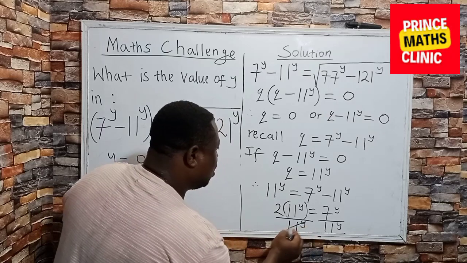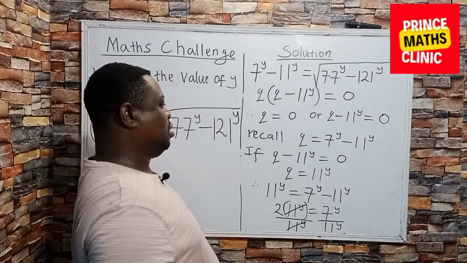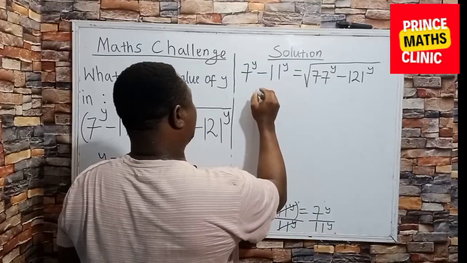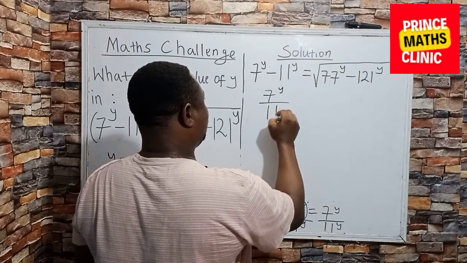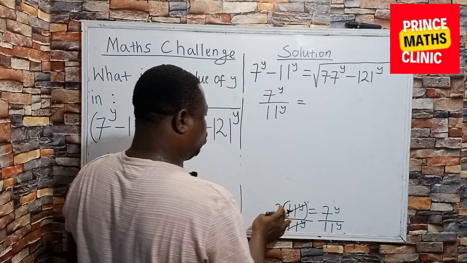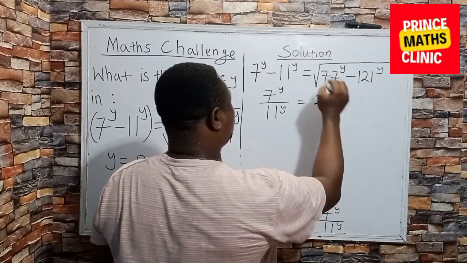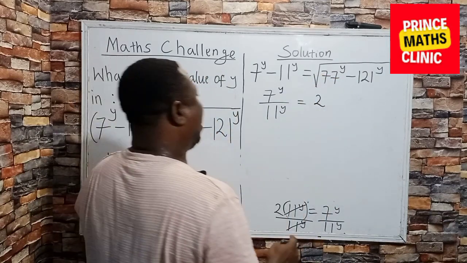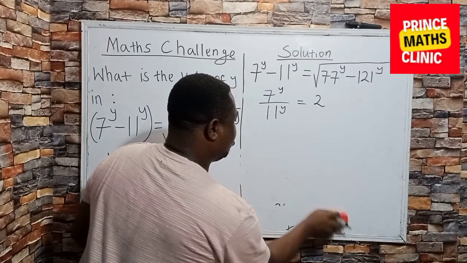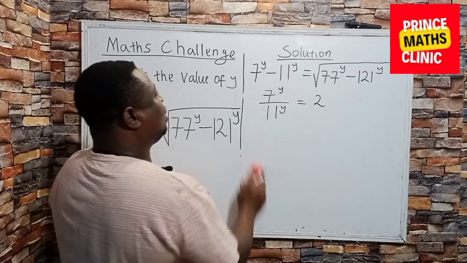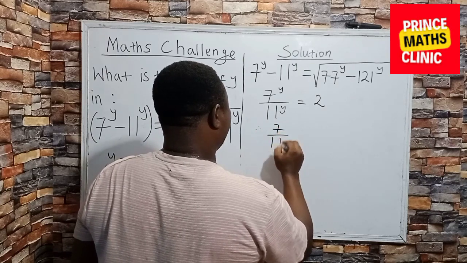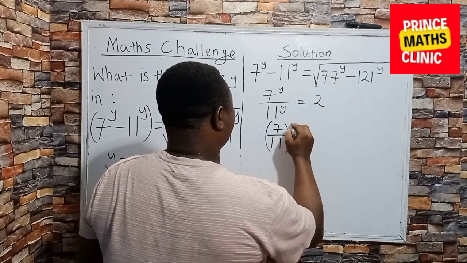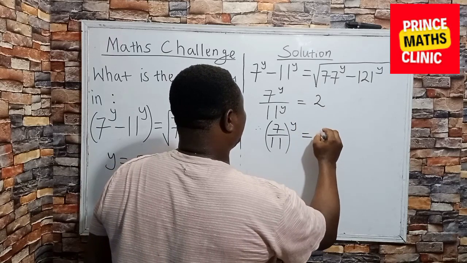So this will take out this. Therefore, I'm going to have 7 to the power of y over 11 to the power of y equal to 2 over 1, which is 2. So I can state it like this: 7 over 11, all to the power of y, is equal to 2.